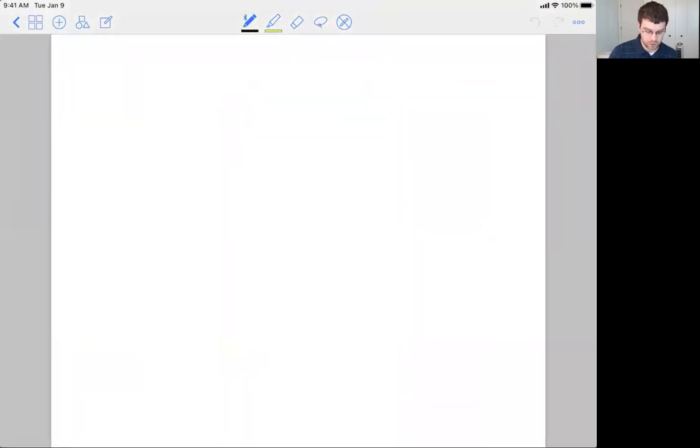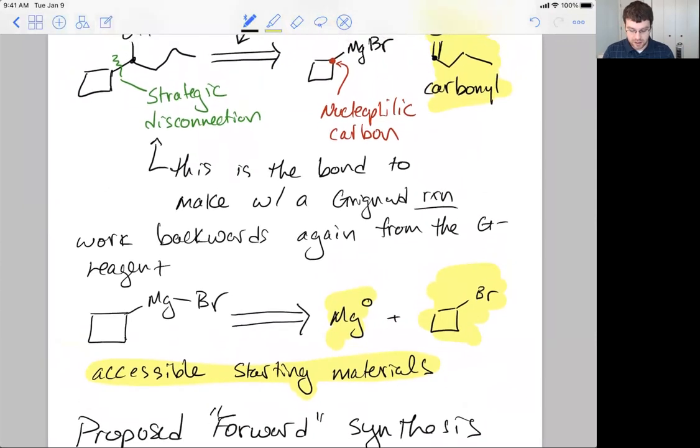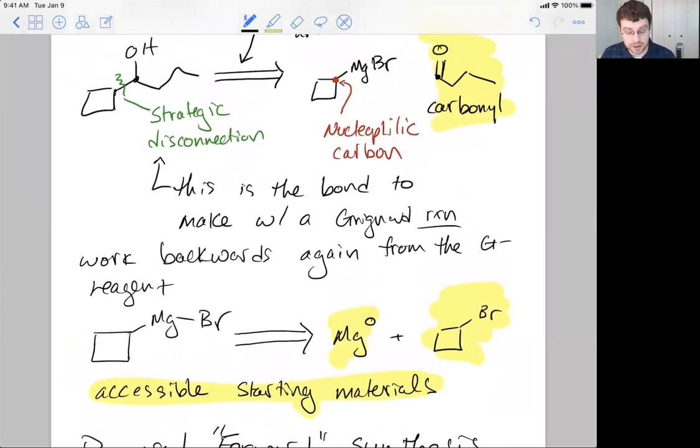And honestly, students get tripped up here, but everything is right in front of you. The carbonyl, the haloalkane, and the magnesium, these yellow things that I've highlighted, accessible starting materials, this is everything that you need for your forward synthesis.